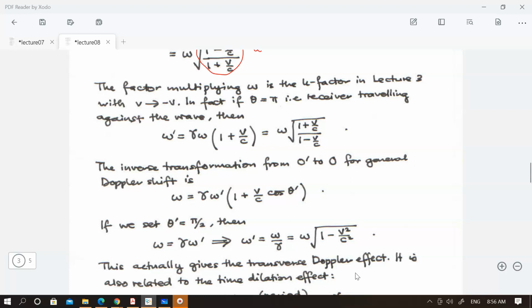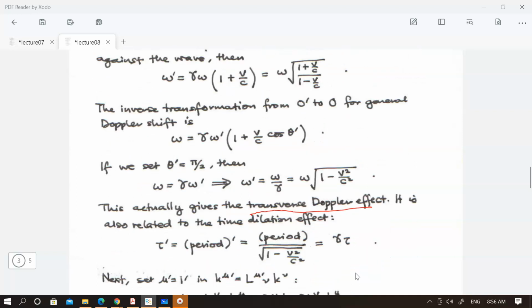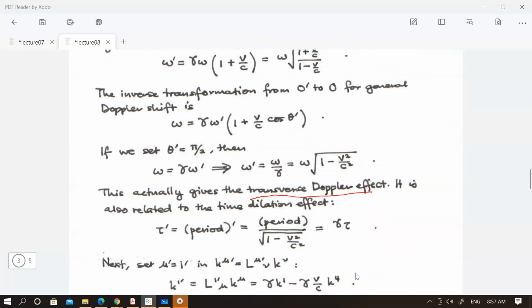If you do that, you get what we call the transverse Doppler effect. It is related by this factor 1 over gamma, which is also related to the idea of a time dilation effect in terms of the period of oscillation of the wave.